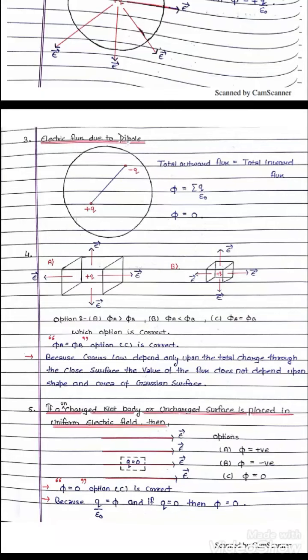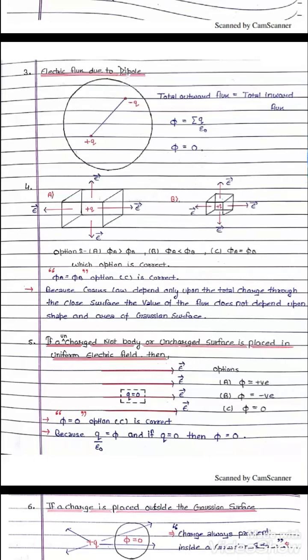The fourth point: two different cubes are given, both having a plus charge in them. One is larger and the other is smaller. Image A has the larger size and B is the smaller one. Which has a greater electric flux? The options are given below.